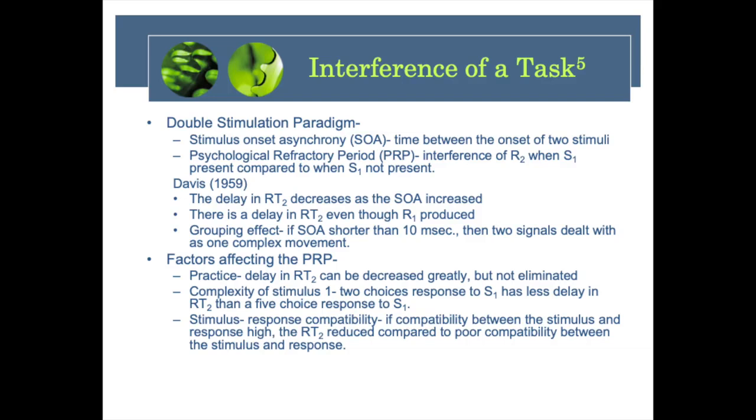So poor compatibility would add to the response time. All of these things should make sense, and then that grouping effect gets back to our dual tasking that we see a lot. But you need to think about, when you're doing dual tasking, are you presenting the stimuli simultaneously, or at least close enough that we bunch those stimuli into one bigger response, or are they separated, in which case we would probably have to deal with them separately.